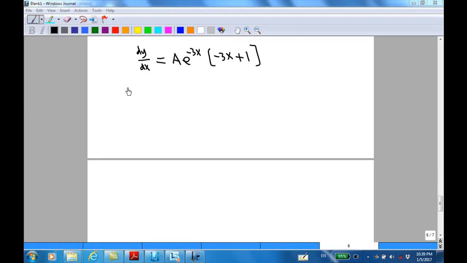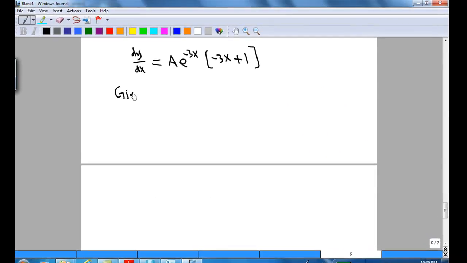We are given that dy/dx is equal to 3 when x equal to 0. So substitute this information, dy/dx equal to 3, x equal to 0.